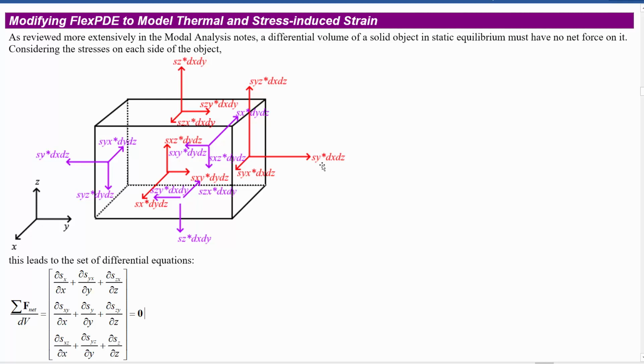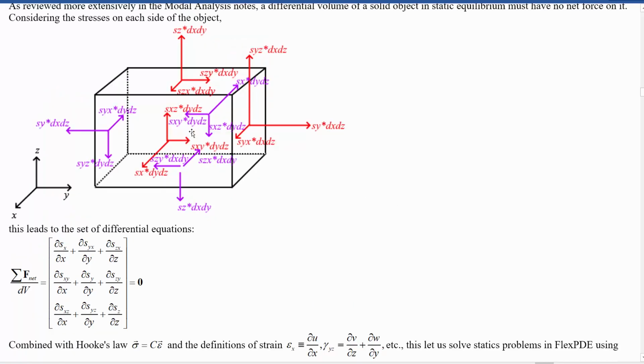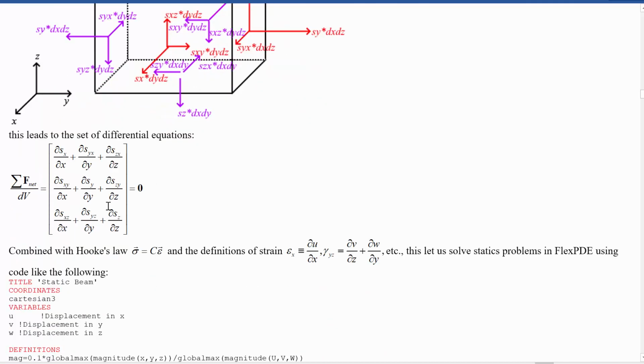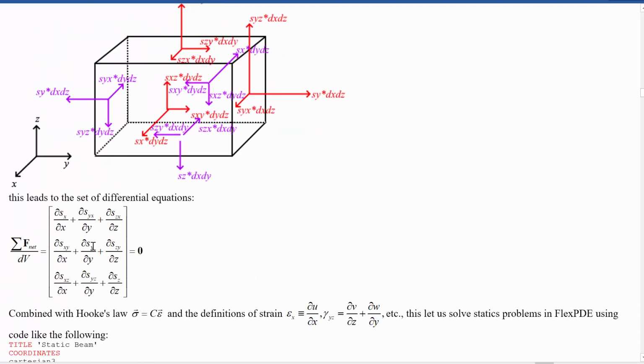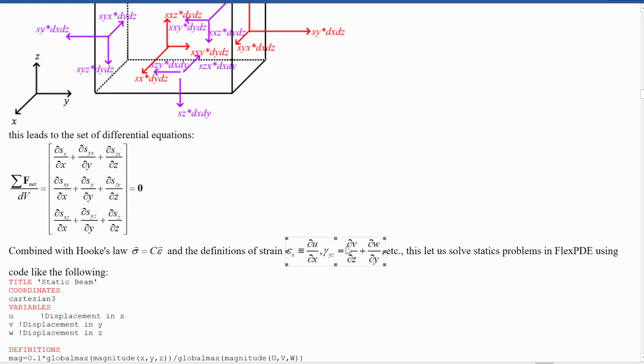Next up, modifying FlexPDE to deal with this thermal and stress-induced strain together, not just the stress-induced strain that we've already got it to deal with. You'll recall that the stress on an object is related in FlexPDE to net force per unit volume being 0. This is the differential equation we're solving, but it's a differential equation in terms of the actual displacements in x, y, and z at each position by also defining the strains and using Hooke's law.